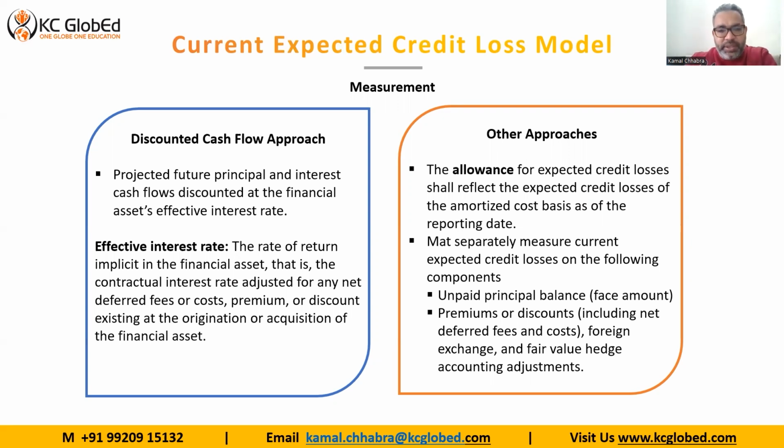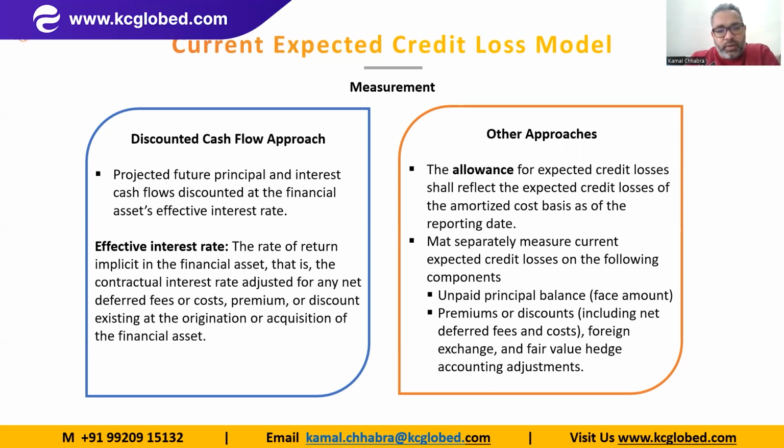If it is specifically mentioned in the financial asset, then we consider that: the contractual interest rate adjusted for any net deferred fees or costs, premium or discount existing at the origination or acquisition of the financial asset. So most of the time it is implicitly mentioned in the asset, in the contract. If it is not mentioned, then your effective interest rate is the average interest rate on your borrowing.